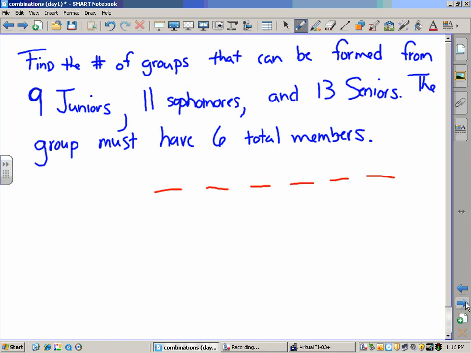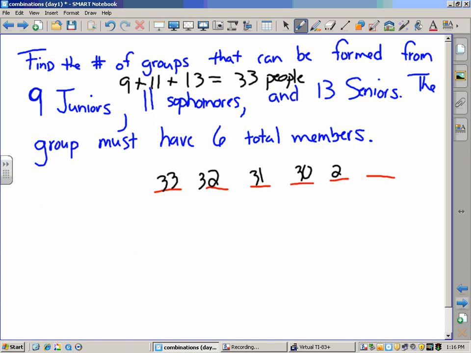You have to find out how many total people there are, because in this group it doesn't matter what class you're in. It just means that I have 33 people to choose from. Then the next time I have 32, then 31, then 30, 29, and then 28.